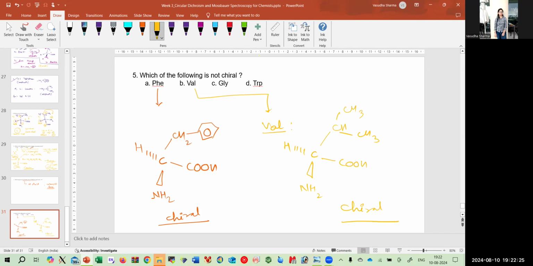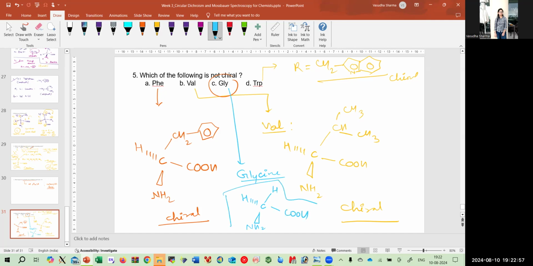Then in tryptophan also, your R group is CH2 and this one. So this also gives you chirality. Whereas in case of glycine, it is having H, and in place of your R, it is again having H and COOH.